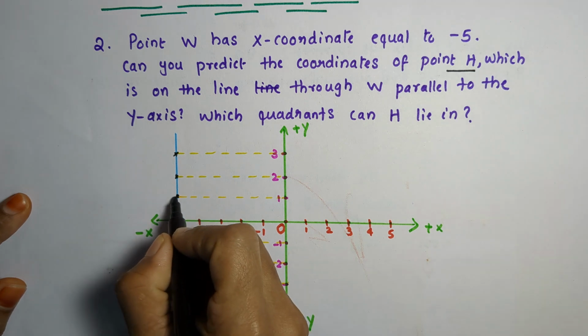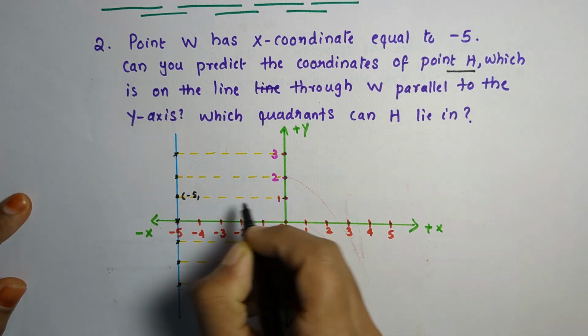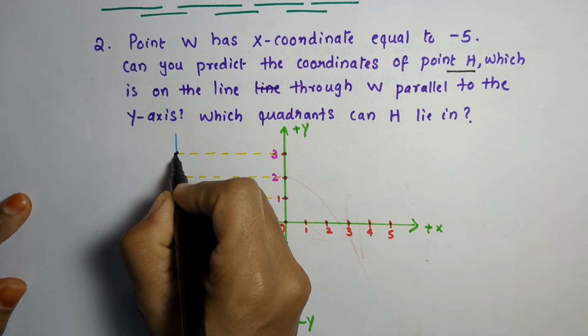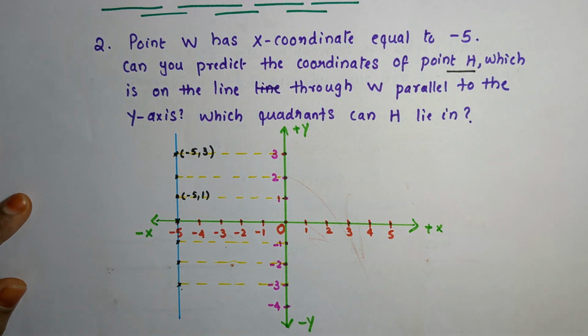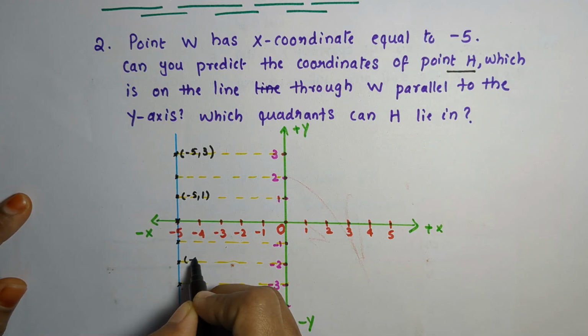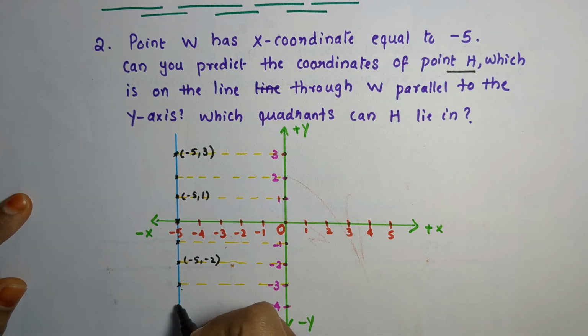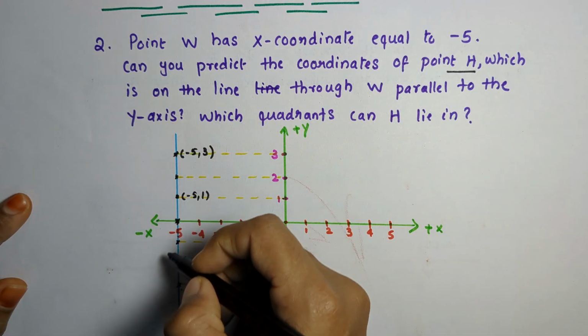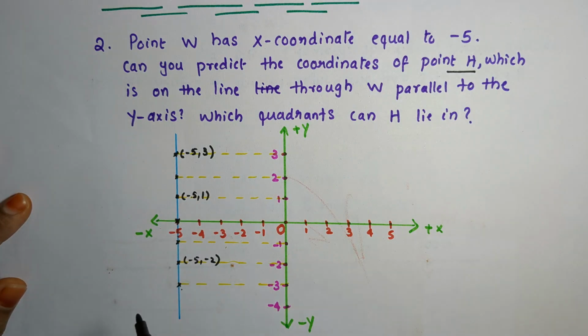If you consider this point, its coordinates are x coordinate -5, y coordinate 1. If you consider this point, x coordinate -5 and y coordinate 3. Now if we consider this point, its x coordinate is -5 and y coordinate is -2. So all points on this line which is parallel to the y-axis have the same x coordinate -5.